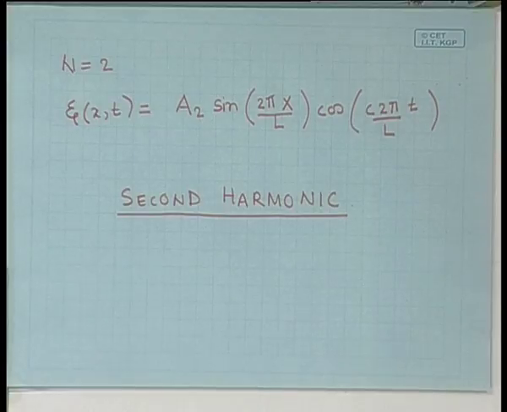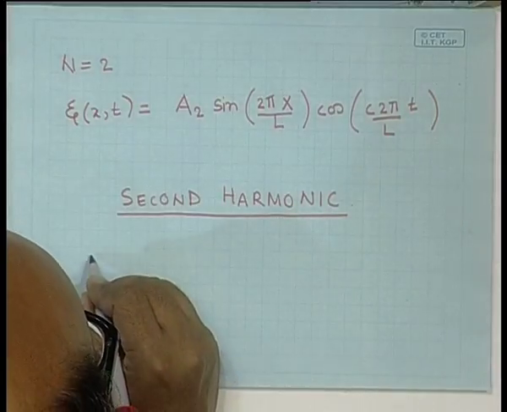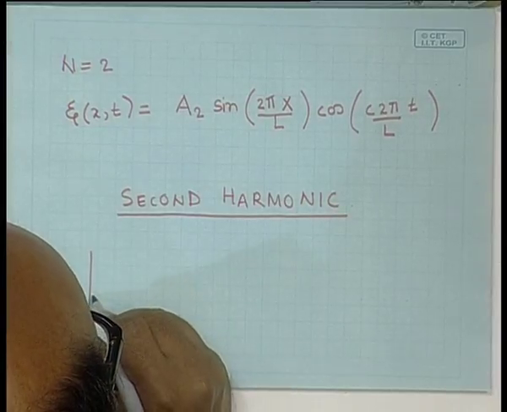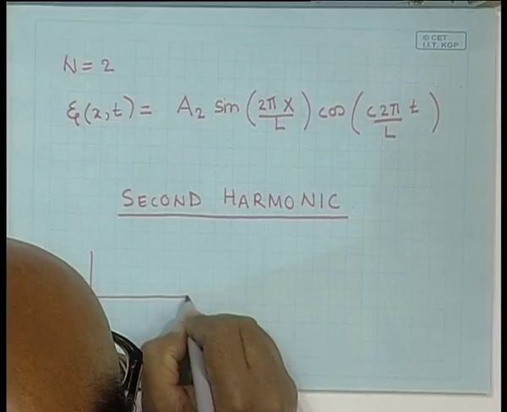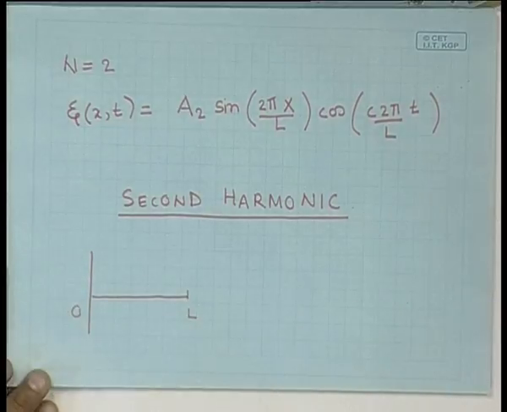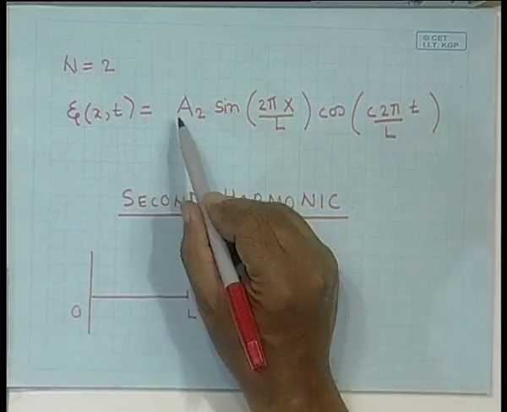So, let us draw what this looks like and then study its evolution. So, let me draw it for you here at t equal to 0. So, let us first set t equal to 0, this has a value 1.